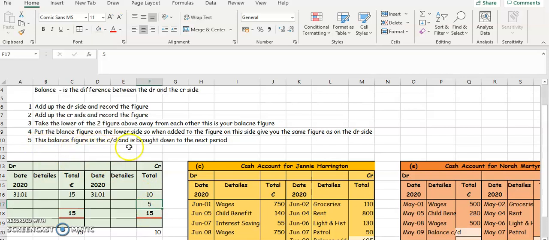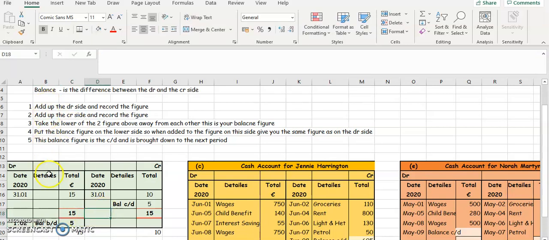Now this balancing figure will be the CD or carry down figure, and it's brought down to the next period. So it's going to be balance carried down. We carry down on the opposite side, so it's going to be balance brought down, and it's going to be 5.